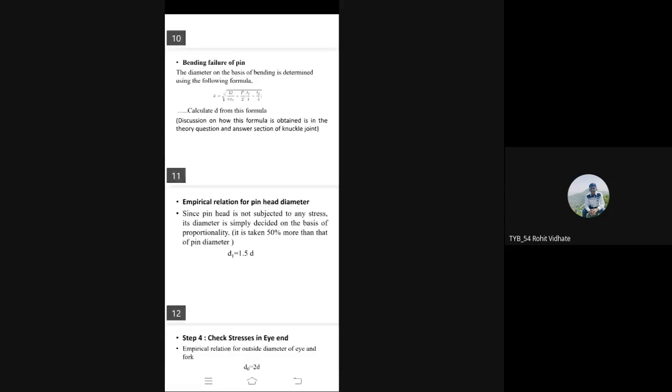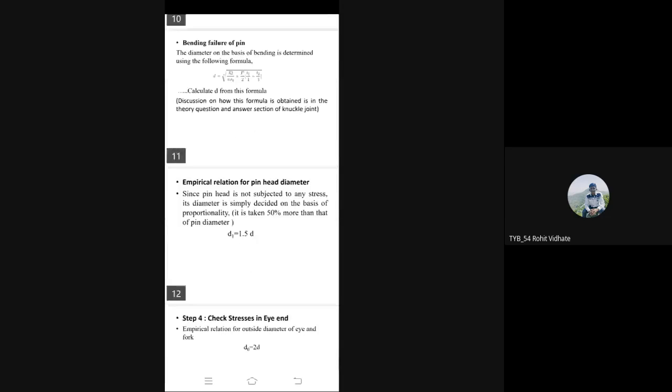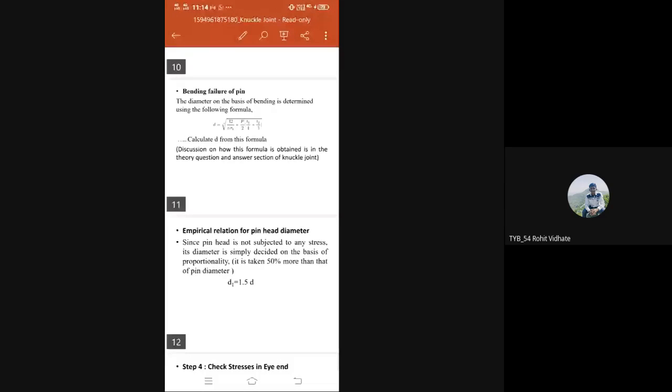Now, once you have found all these dimensions, the other major stresses induced in the total assembly we have to find out.